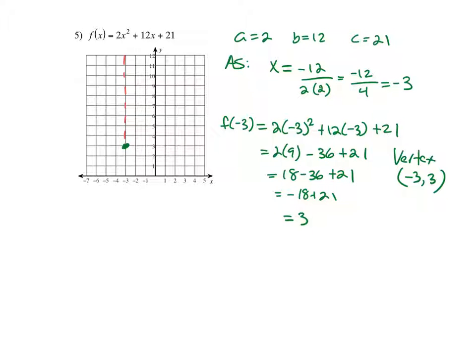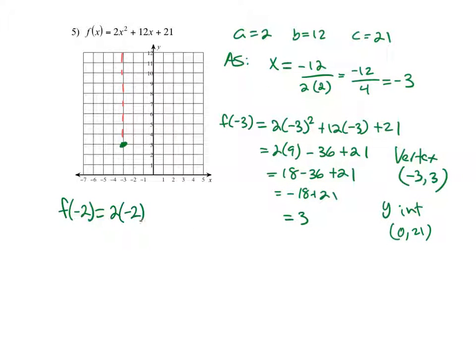Now I'm going to substitute in this case my y-intercept. The y-intercept is 0, 21. It's a big number, right? So I don't have a space here to find that 21. So that means that I'm going to have to substitute -2 and -1 into that function. So f of -2 equals 2 times -2 squared plus 12 times -2 plus 21.